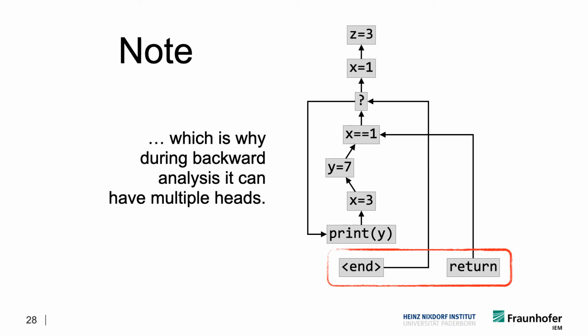And then when you do a backward analysis by reversing this graph, it means that this reversed graph can actually have multiple heads, right? So now we have multiple entry statements to that graph.